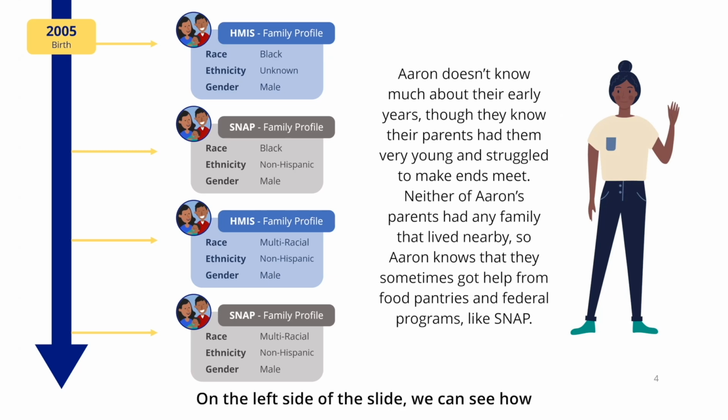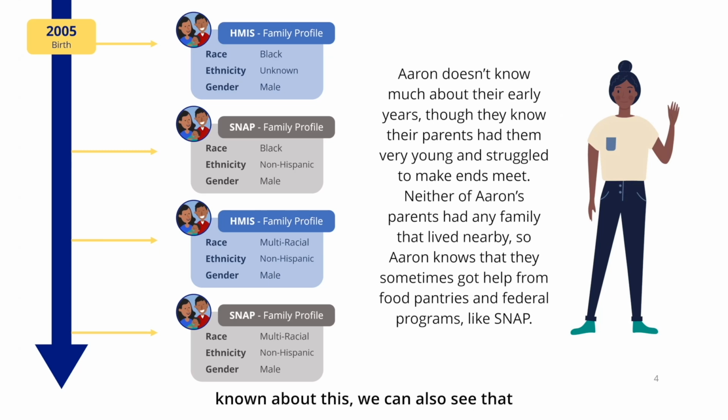On the left side of the slide, we can see how Aaron's demographic information was recorded each time their family received any type of federal benefit. We can also see that Aaron's family interacted with the Homeless Management Information System, which is HMIS. So when you see HMIS in these slides, we're talking about homeless services. And so we know that perhaps Aaron's family received housing assistance, though it sounds like Aaron might not have known about this.